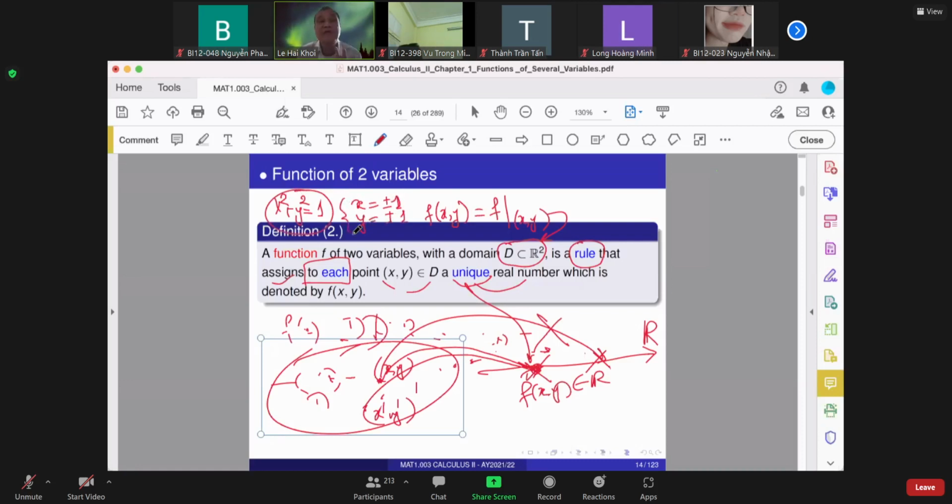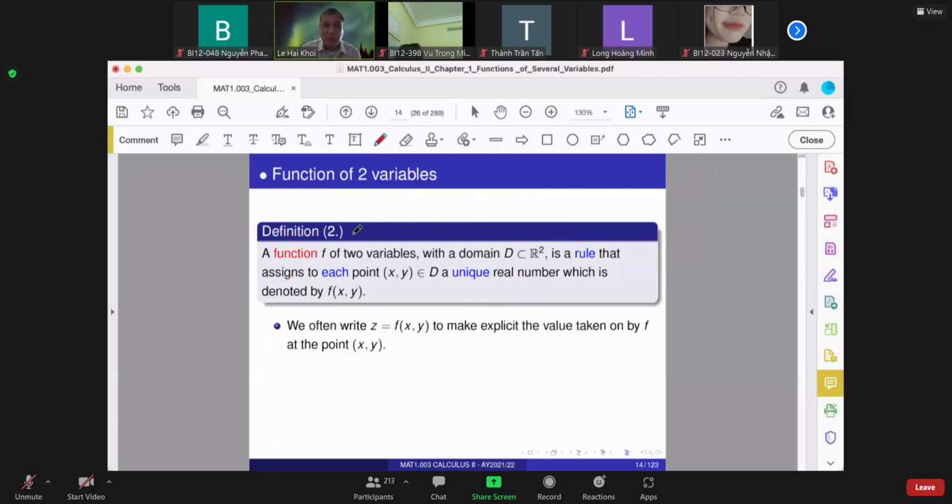You have even 4 points. The unique real numbers assigned to even 4 points of D, right? So that's the thing you should remember, okay?